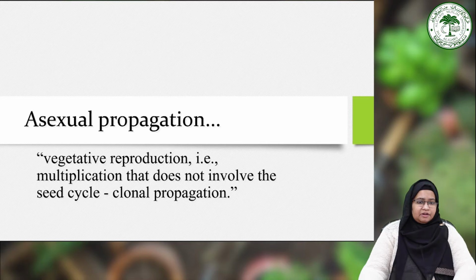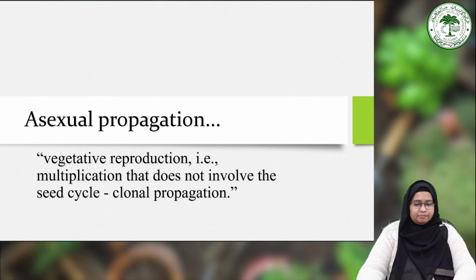Now the next type of propagation method is asexual propagation. Asexual propagation of plants can also be called vegetative propagation because it involves the use of vegetative parts of plants like leaves, stem, roots or modified organs. It's the best method to clone your plants, which means to produce plants identical to their parents.